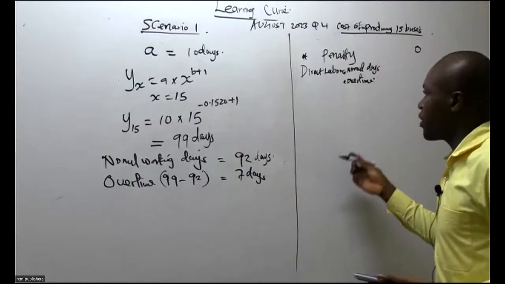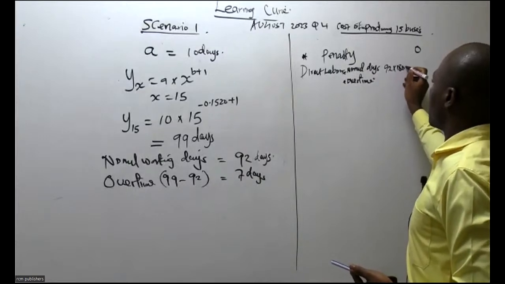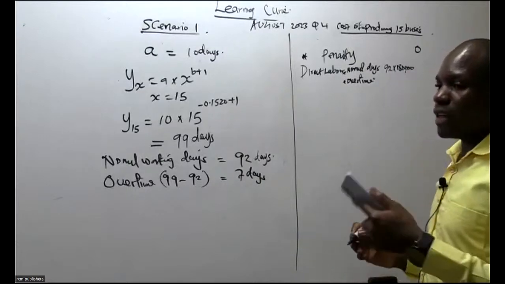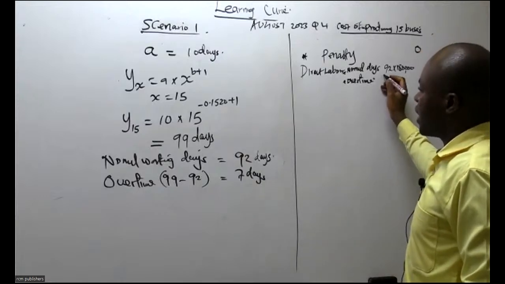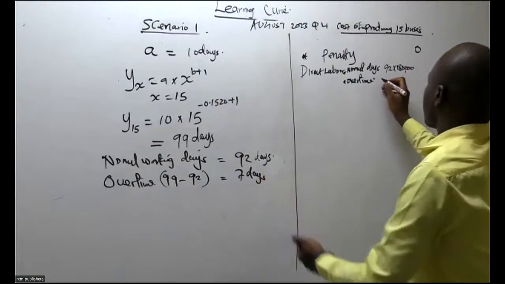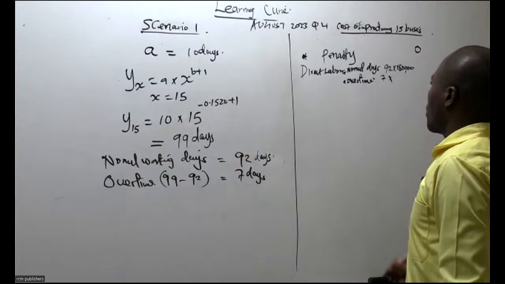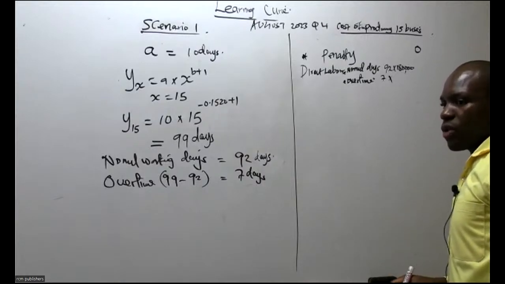And what is the normal rate? It is going to be 92 by 180,000. The overtime worked by these employees will be paid at double the normal rate. And the overtime days is 7. So what will be the rate? What will be the overtime rate?